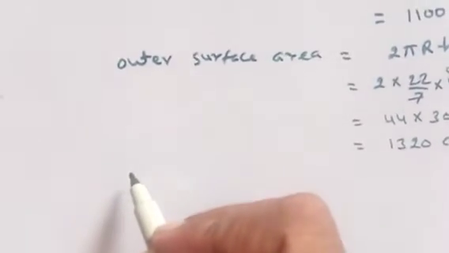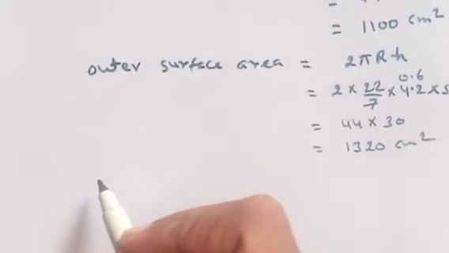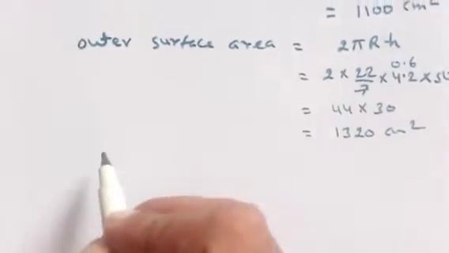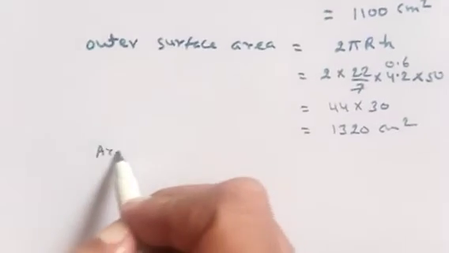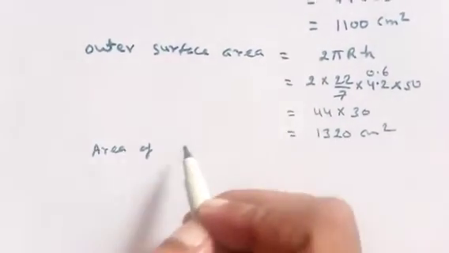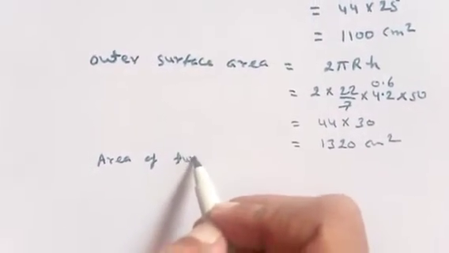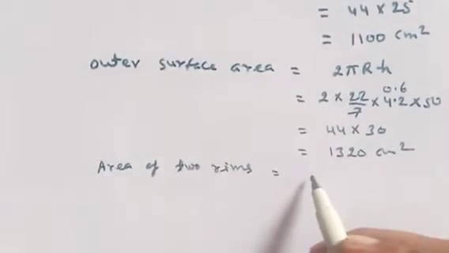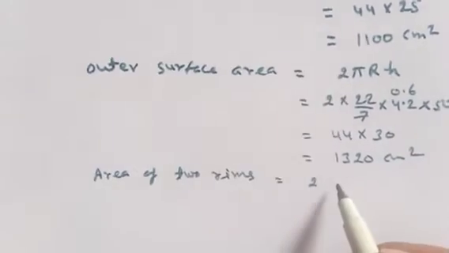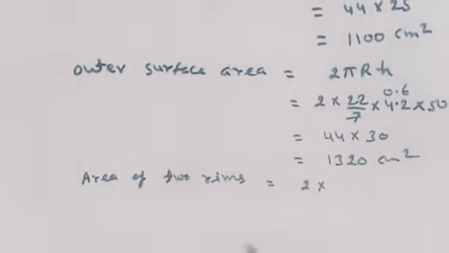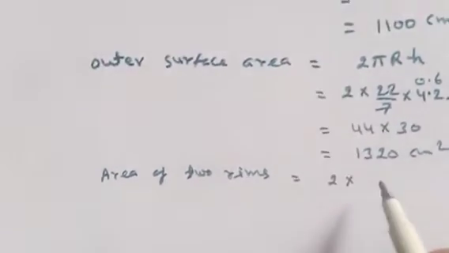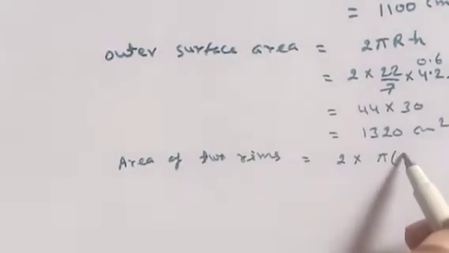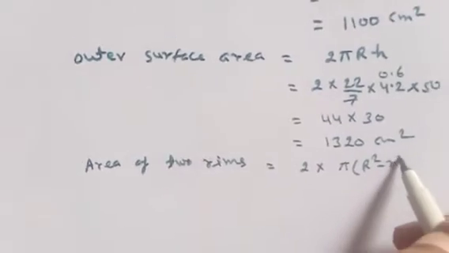Children, a pipe forms two rings at both end points. So area of two rims equal to 2 into area of a rim, which is pi into R square minus r square.